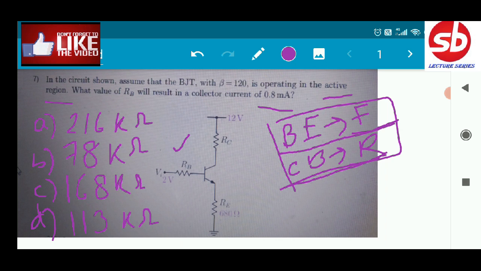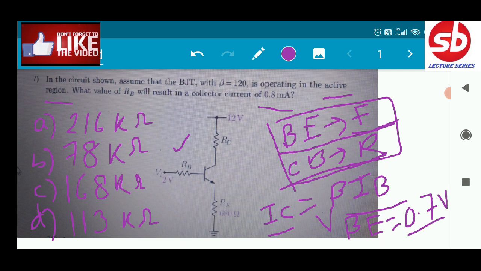Now in the case of the active region, the two approximations are, we can approximate IC equal to beta IB. This is the relation between the IB and the IC. And also we can assume that VBE, the base to emitter voltage, should be 0.7 volt in the case of an NPN transistor.